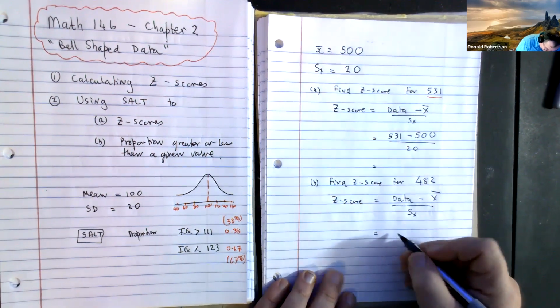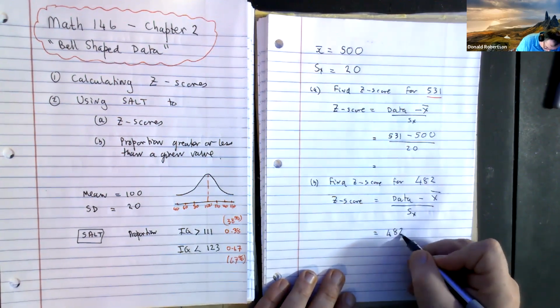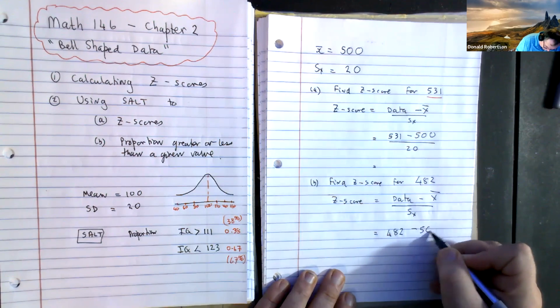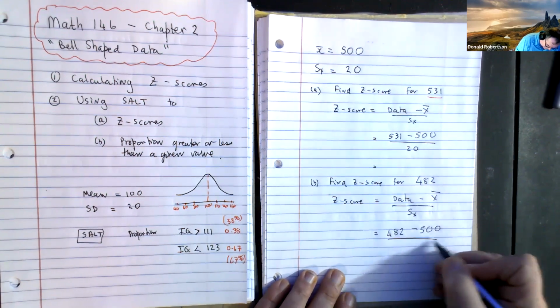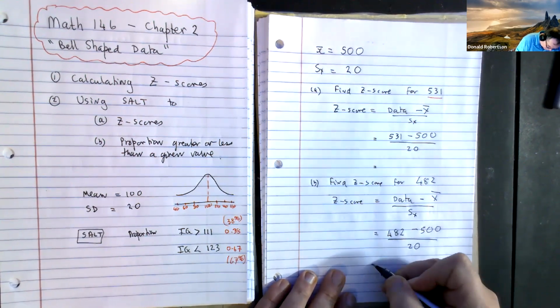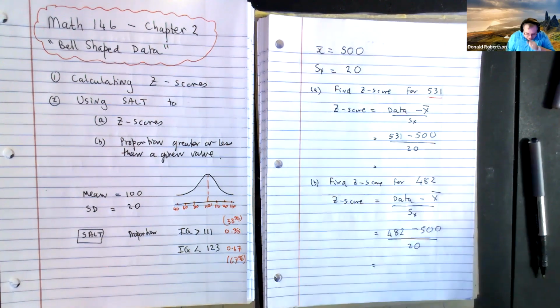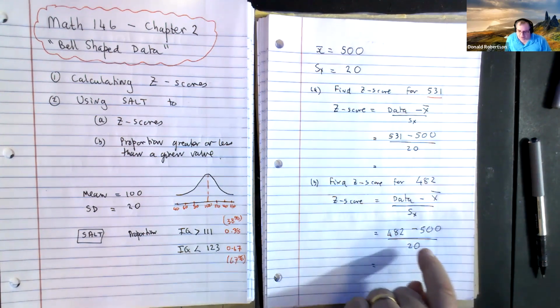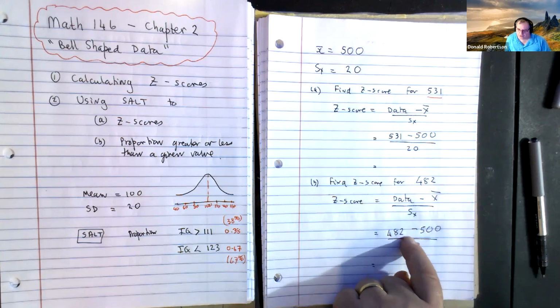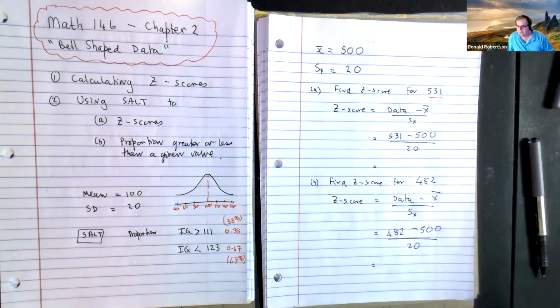And the data in this case is what? 482. The mean is 500. And it's going to be divided by 20. Before I hit any button on my calculator, why do I know that this z-score is going to be a negative number? How can I tell?